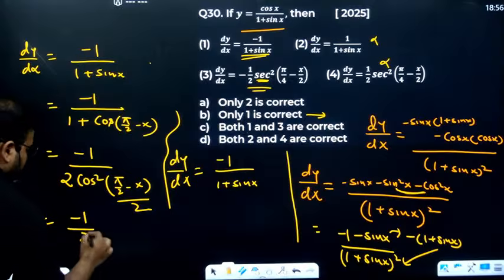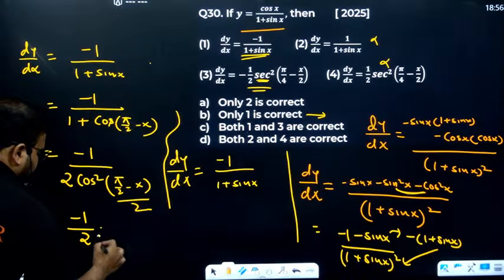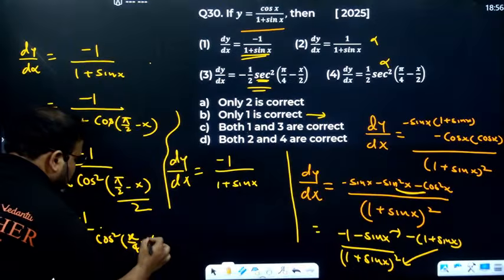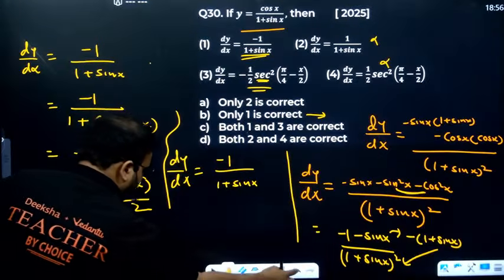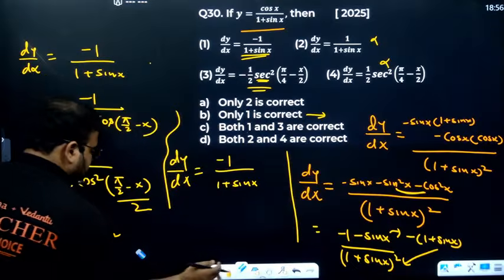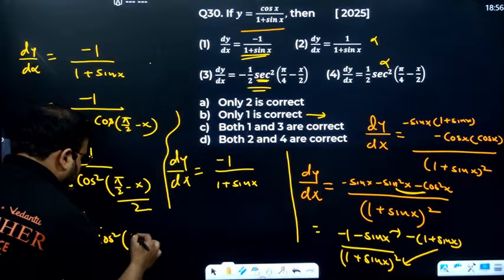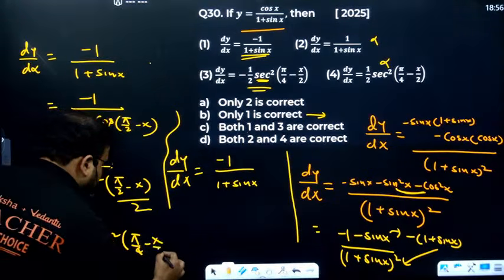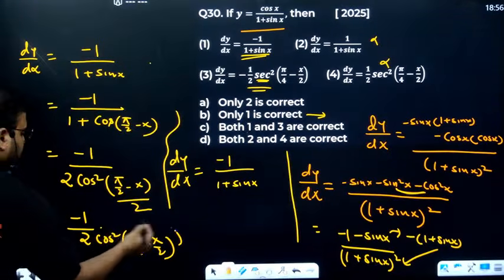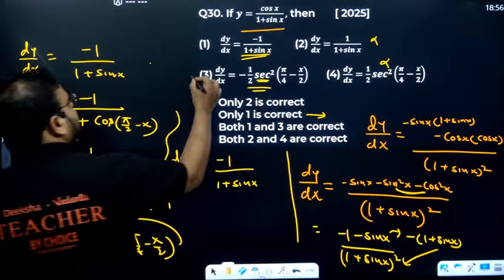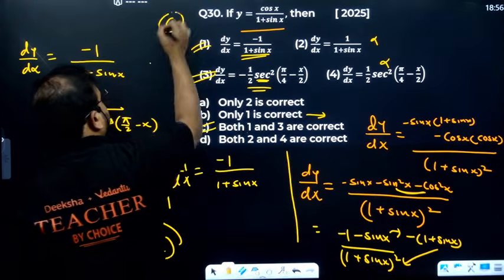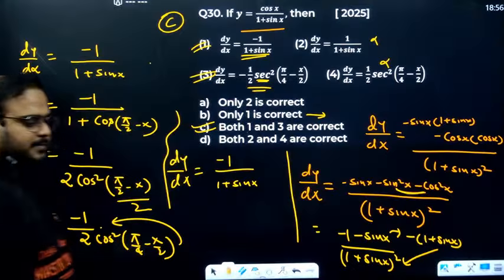Minus 1 by 2 is outside. And we have cos square pi by 4 minus x by 2. So if this is cos square in denominator, it will go up and become secant square, right? Which means both my options are true. Hence my answer is option C.